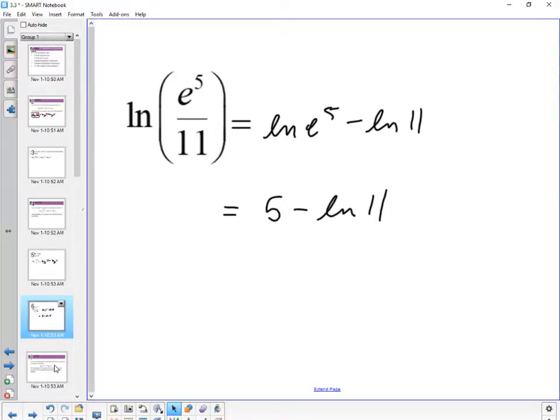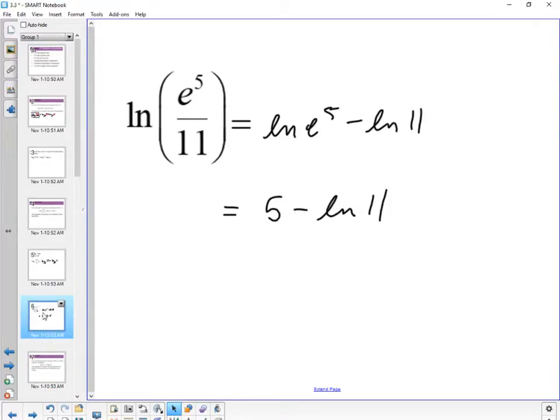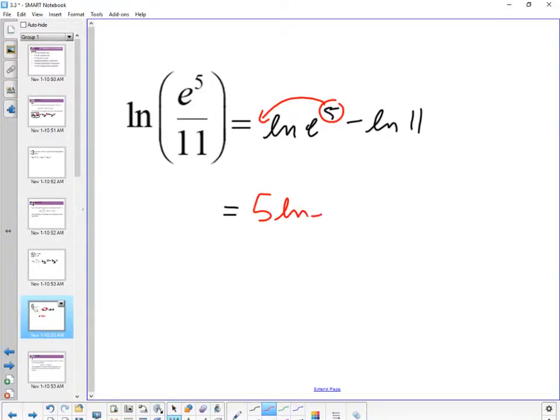Okay, this is called the power rule. The power rule lets you take an exponent and kick it to the front, kind of like the problem we just did. You guys see that right there? The power rule says I could take this 5 and write it up front as 5 ln e minus ln 11.